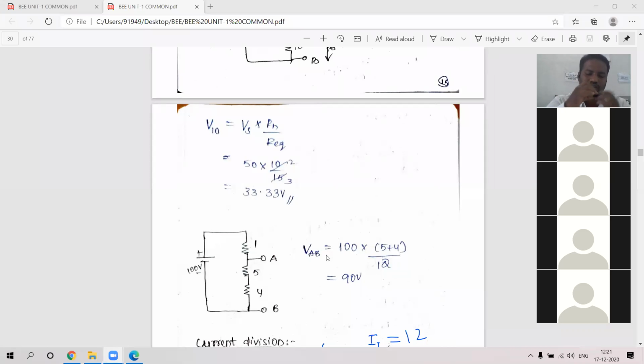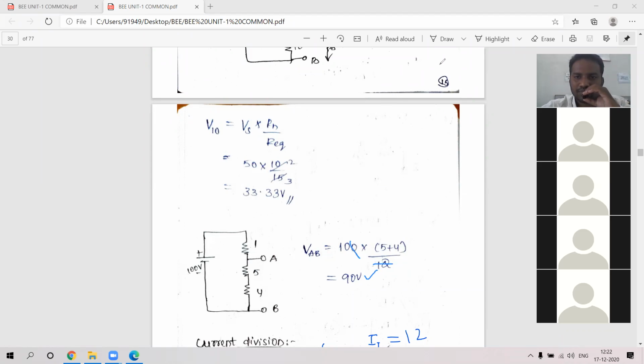Not 12, it is 10. The 0 and this 0 cancel, so this 10 is cancelled. Here 5 plus 4 is 9. 9 into 10 is 90. Not 12, it is 90.